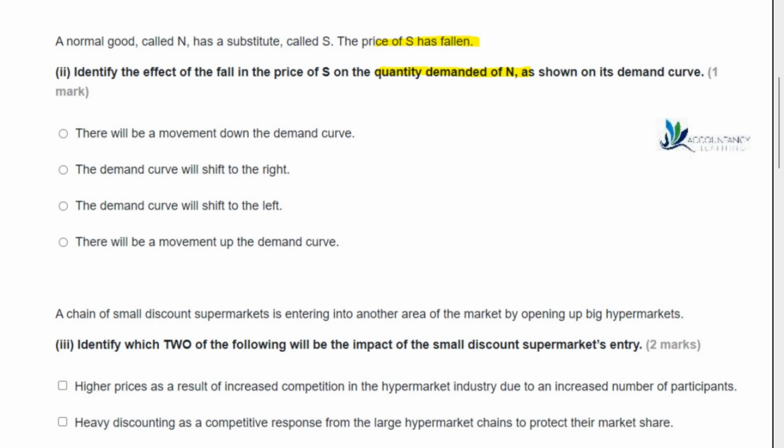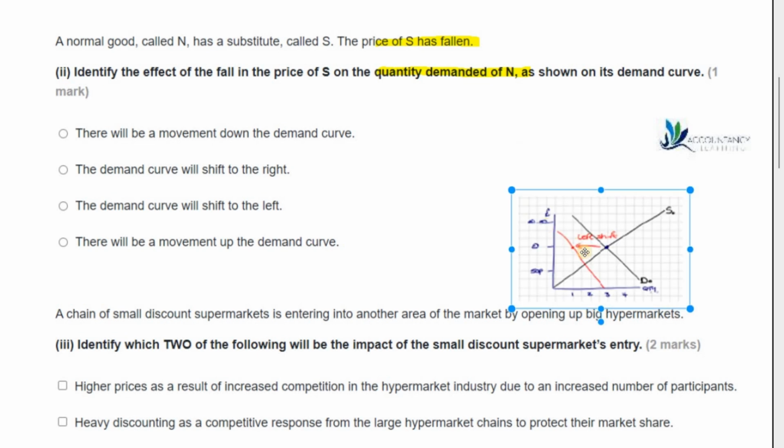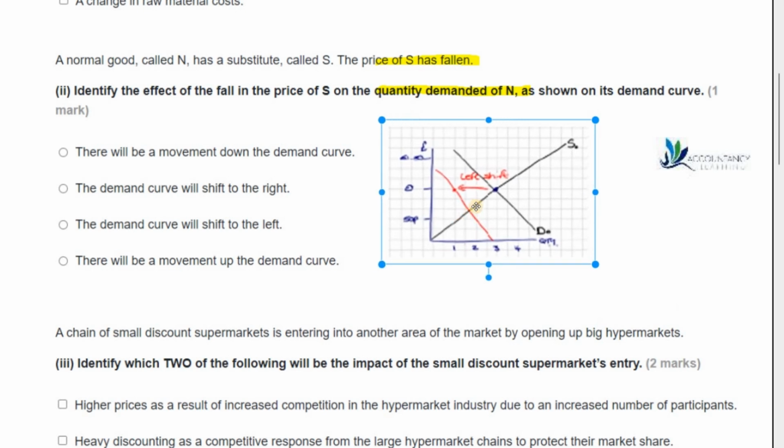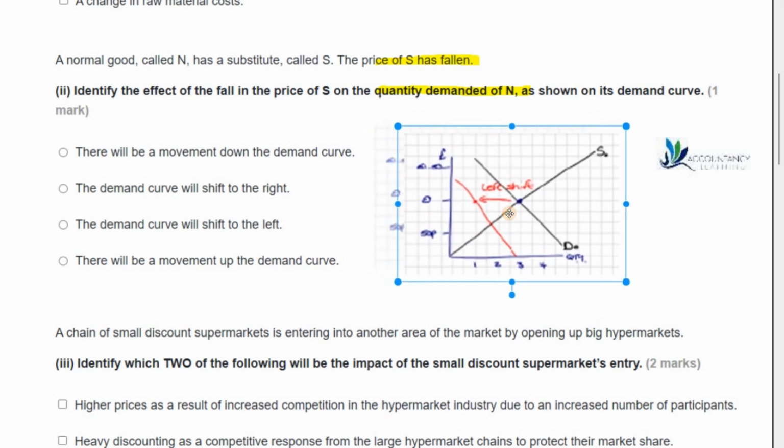So if we have a look at what this is going to look like, here would be the basic demand curve.